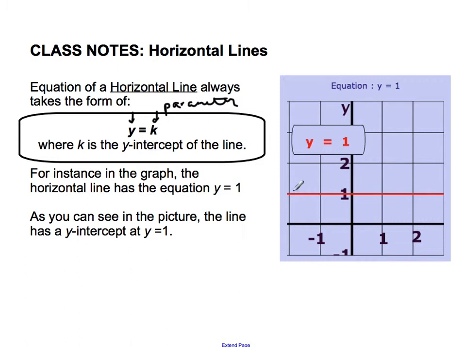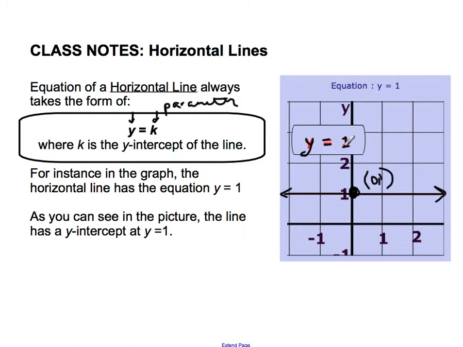So notice that in the example, here's my line. I look at the y-intercept. It's 1. Actually, it is (0, 1). So it's going to be y = 1.